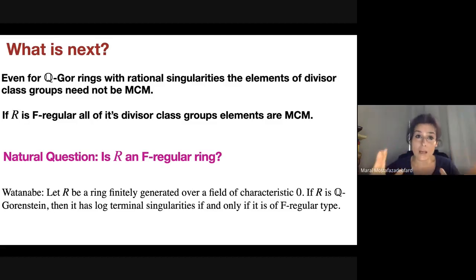He says that when we have a Q-Gorenstein ring, the notion of F-regular type is equivalent to the notion of log terminal singularities. So if we could show that the Hankel determinantal rings are F-regular, this property is substantially stronger than rational singularities. But by now, we have only partially answered this question.